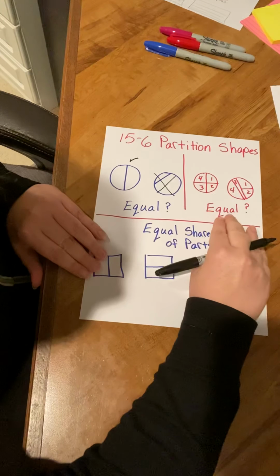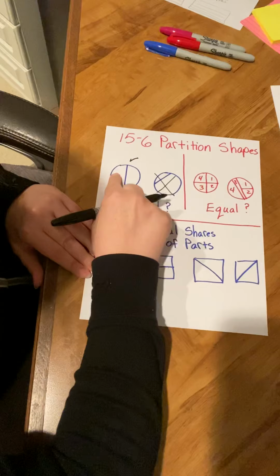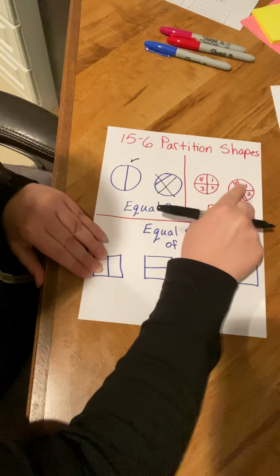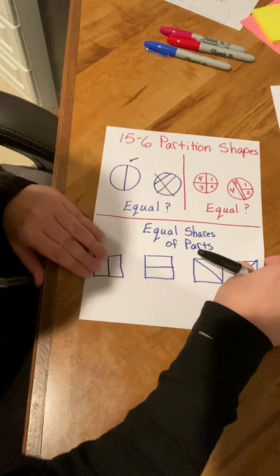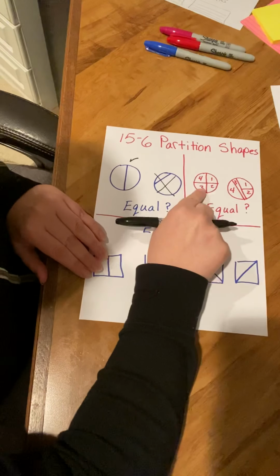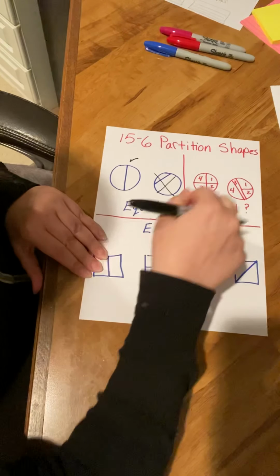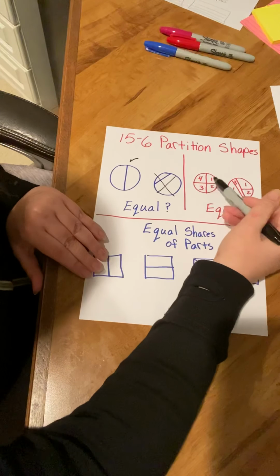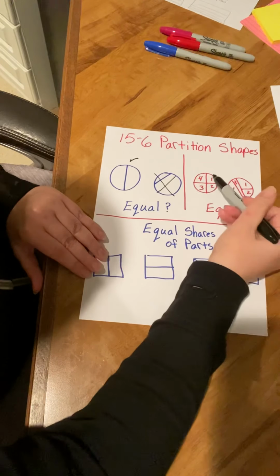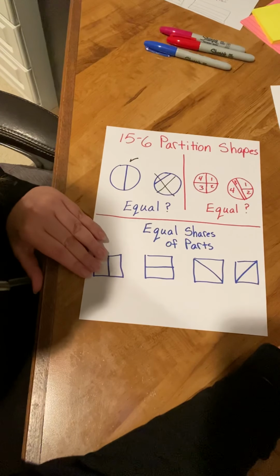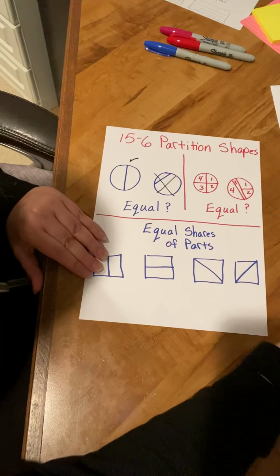Let's take a look over here. Now I'm dividing it not into two parts, but four. 1, 2, 3, 4. Are both of these equal? Well, this one I see 1, 2, 3, 4. Kind of again reminds me of a pizza. If you were to divide it into 4 slices, it looks like everyone would get the same size slice.